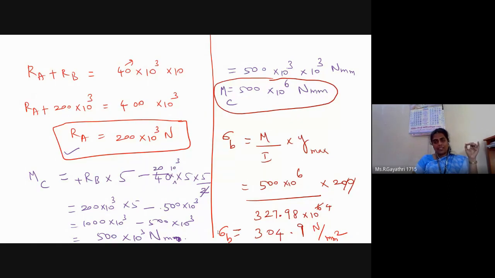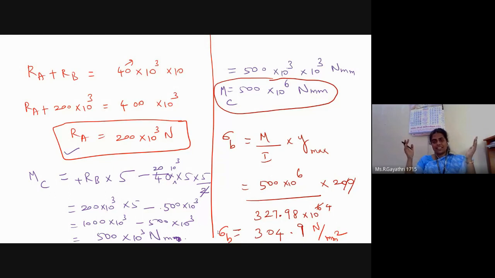Bending moment can be found using the U-shape beam approach, shear force and bending moment approach. Here we can ignore shear force, but we need to find two reaction forces for the simply supported beam. We know one reaction at every support, so RA plus RB is equal to external load, which for a UDL is UDL into the length over which it is distributed. Next, we find moment about section A, which is equal to 0.